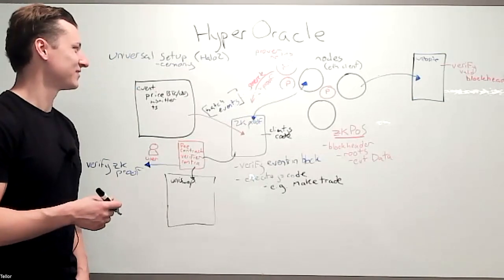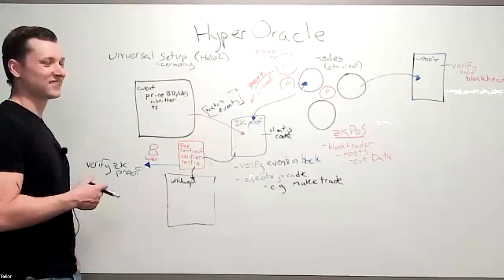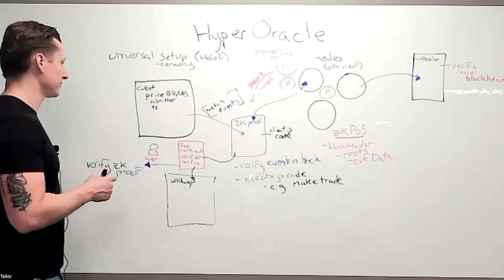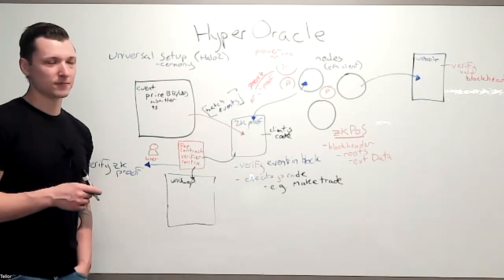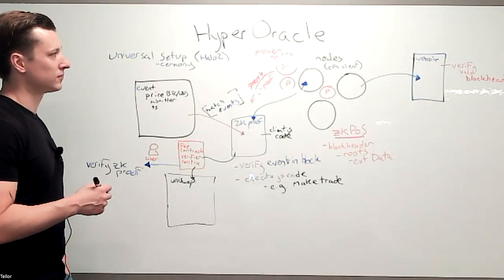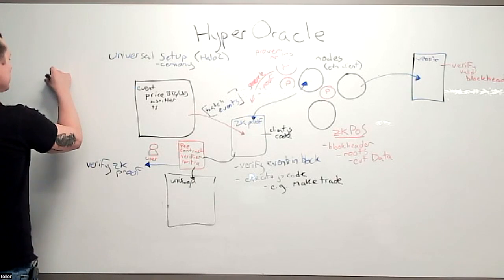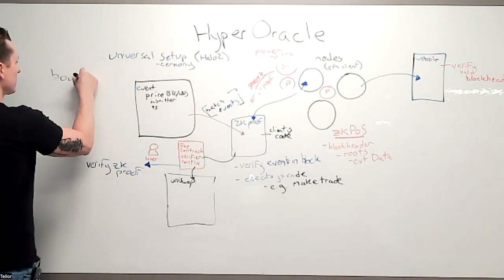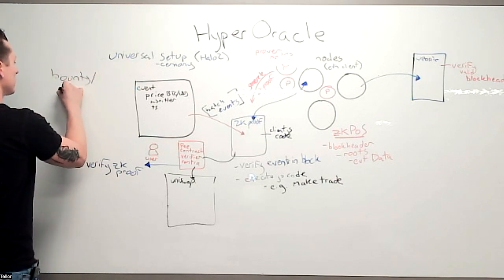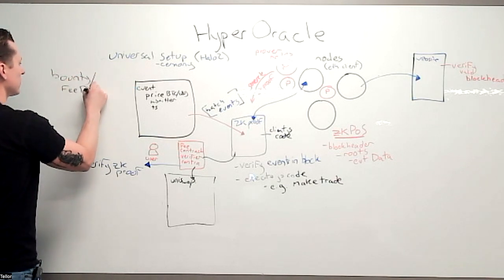So it essentially creates a bounty for each of the ZK graph. This bounty is just like a fee pool, and this fee pool will define how all these computation or jobs will be charged.